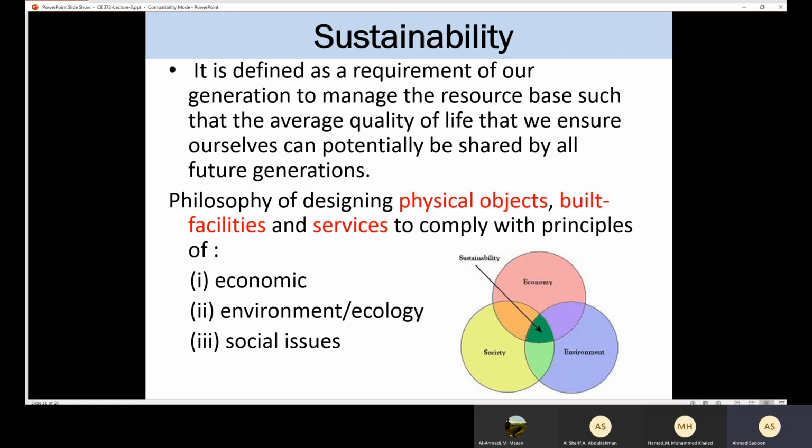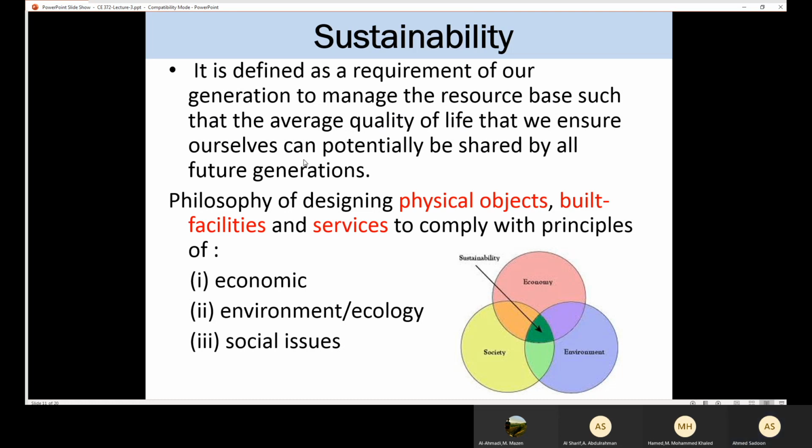Also, we have the sustainability. Nowadays, everyone talks about sustainability. So sustainability is defined as a requirement of our generation to manage the resource base such that the average quality of life that we ensure ourselves can potentially be shared by all future generations.